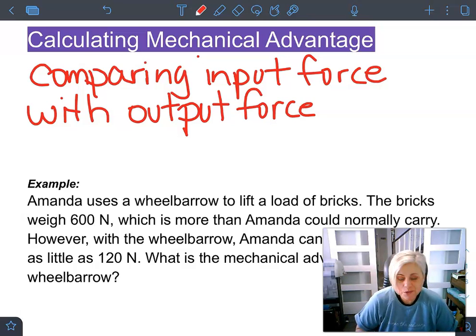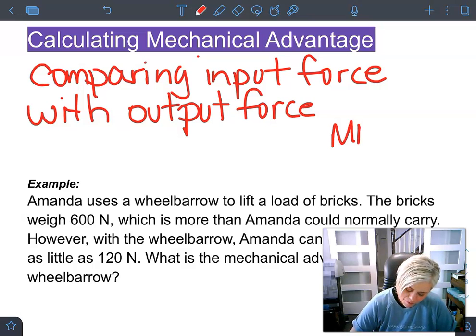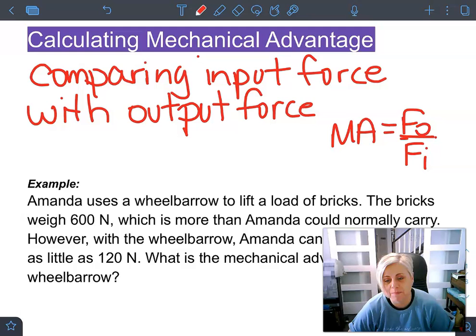So usually the machine's force is higher, unless it's something like a class 3 lever, where actually it'll be lower. Or a bicycle, a device like that, where you get more speed output than force. Okay? So basically, when you solve this formula, we go output force over input force. So FO is force output over force input.